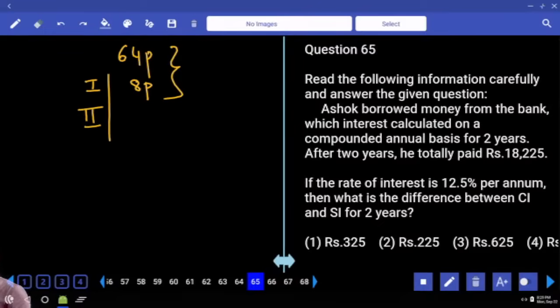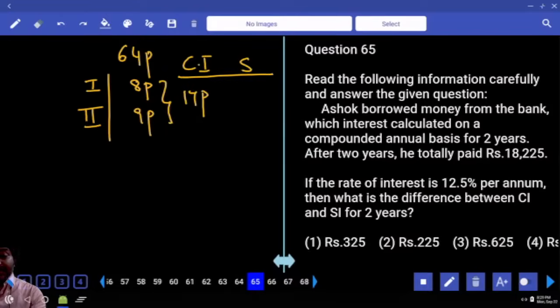On principal, 1/8 is 8 parts. On first year interest, 8 parts, what is 1/8? 1 part. So total compound interest is 17 parts. Total simple interest is 16 parts. Now the question is about the difference between simple and compound, which is equal to 1 part.